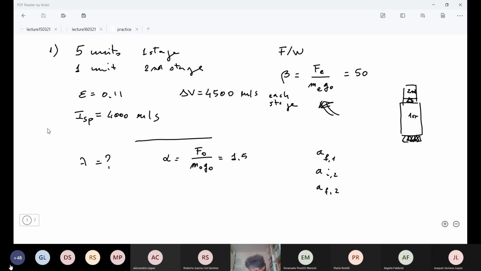So what we have to do here, the first thing to keep in mind is that we have to use relations about masses, knowing what we are doing. In this case, we have to explicitly mention the mass of the engine.